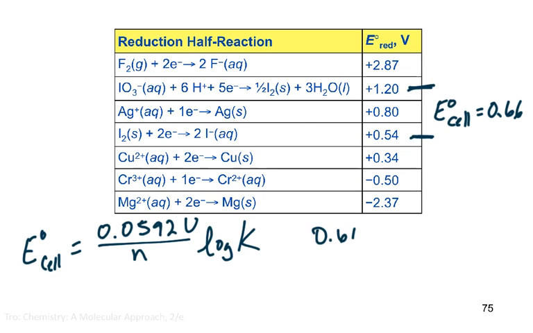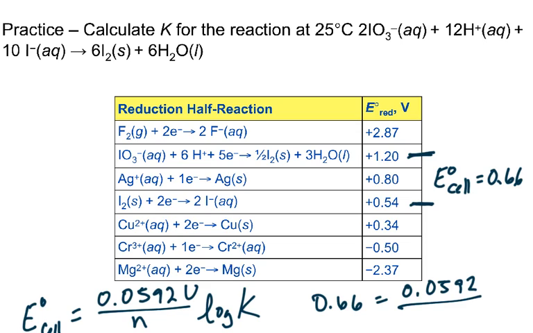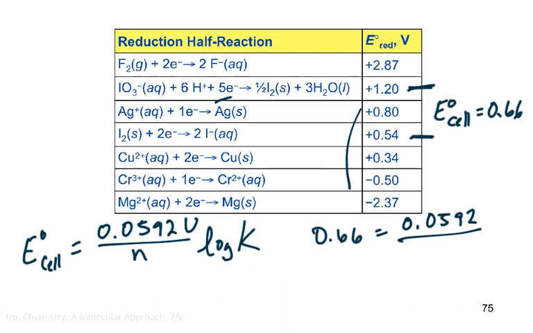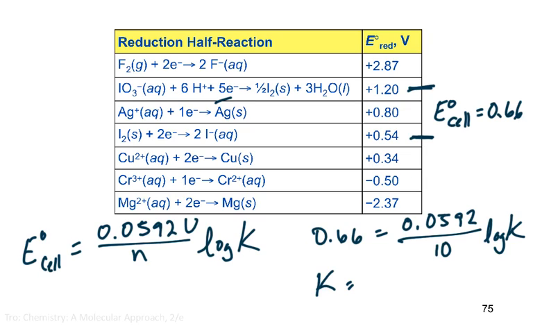Anyway, 0.66 is equal to 0.0592 divided by my number of electrons, which from the last time we did this was 10, because we have a 2 here and 5 electrons, so divided by 10 log K. Then I can solve for K. If you take 0.66 times 10 divided by 0.0592, you get the number 110.